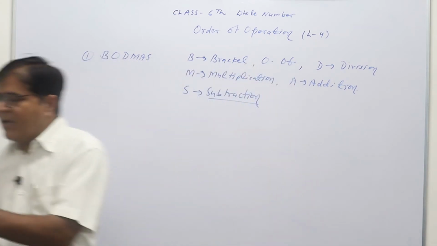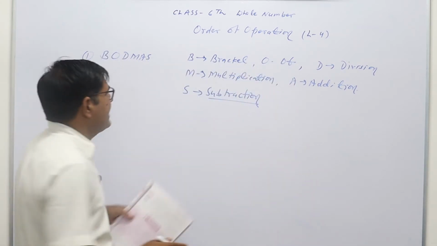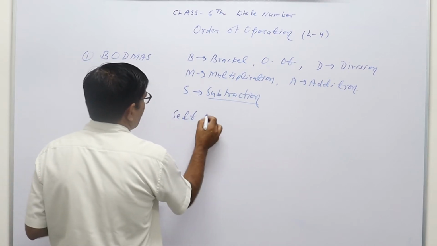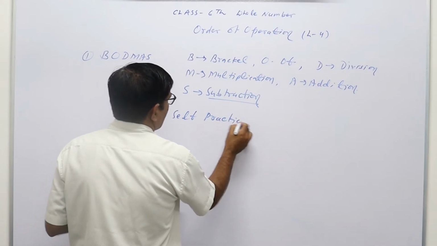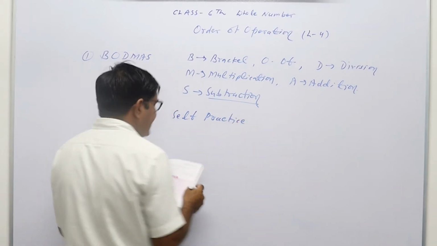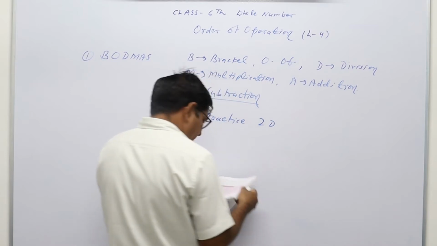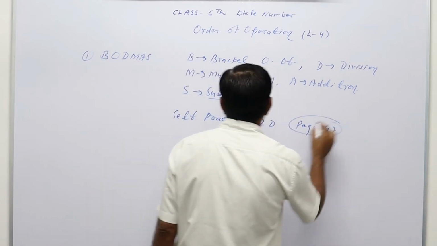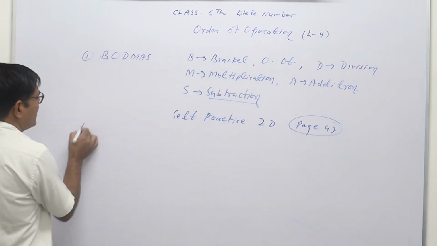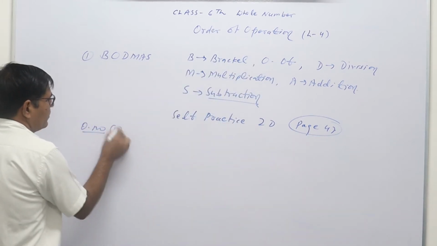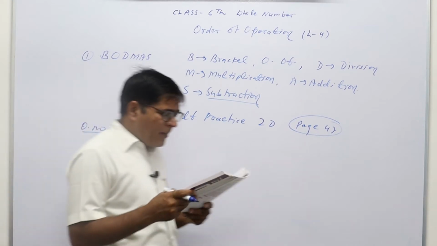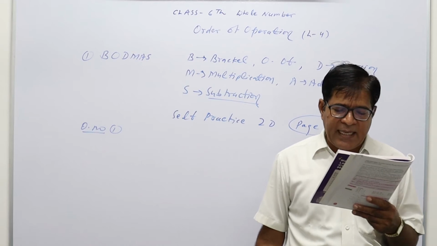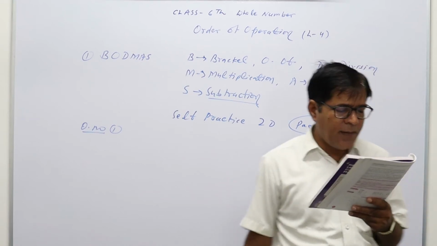So let us take one example, self practice. Exercise 2D, page number 47. Question number 1: which operation should be done first in simplifying each numerical expression below?